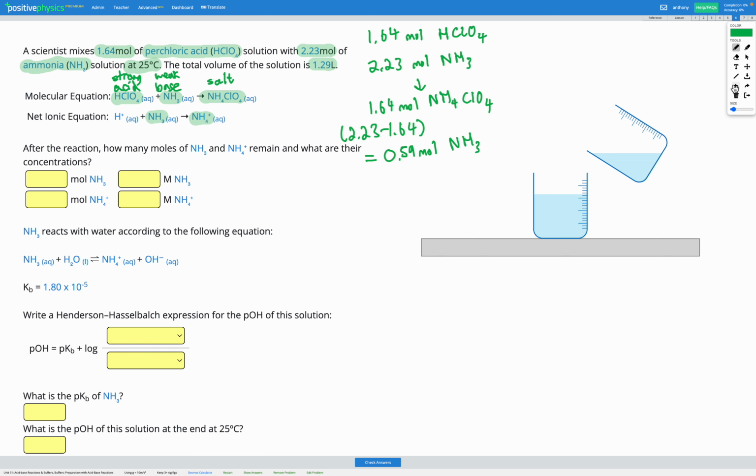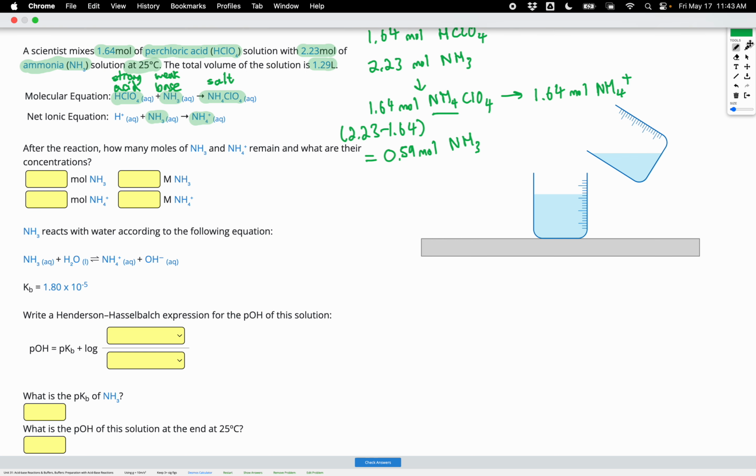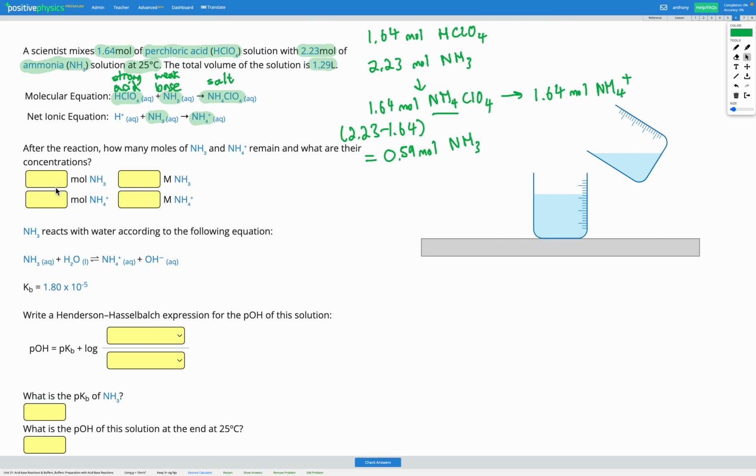And since there's one ammonium ion in a formula unit of NH4ClO4, that means the moles of ammonium ions is also going to be 1.64 moles. So we've got 0.59 moles of NH3 and 1.64 moles of NH4 plus remaining after the reaction.